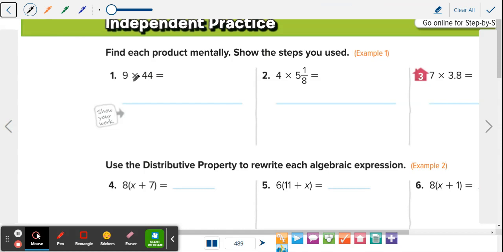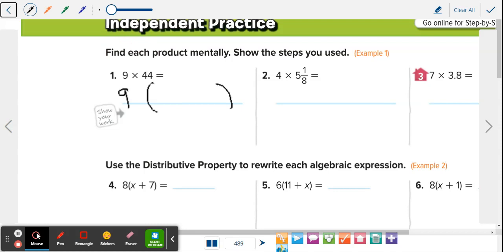Since 9 is the number being multiplied, that goes on the outside of the parentheses like this. Now, since they want you to solve this mentally, we have to break up 44 to an easier number. What is a number that's easy, that's close to 44, that we could do in our head? Because we're going to add 2 numbers together.